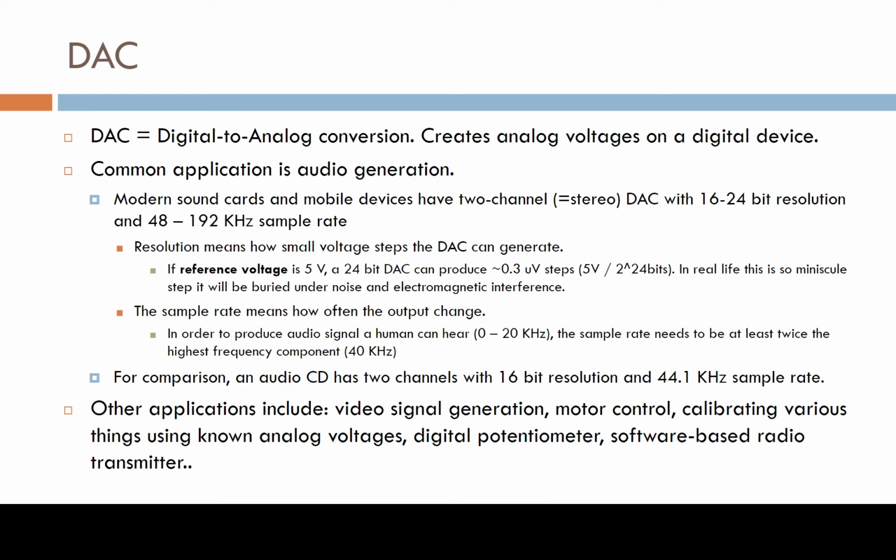But on the other hand, there are also lower resolution DACs. The sample rate means how often the output changes. On a sound card, there's a timer which gives the data.